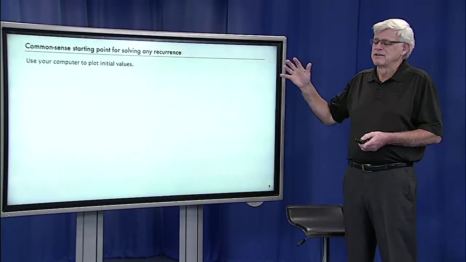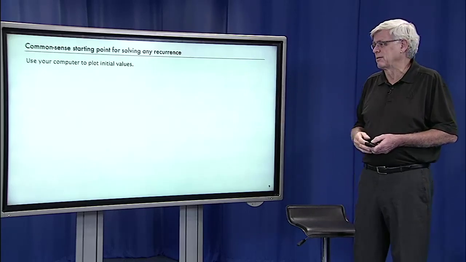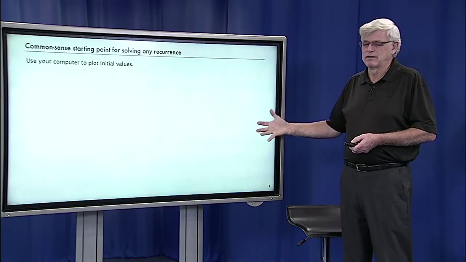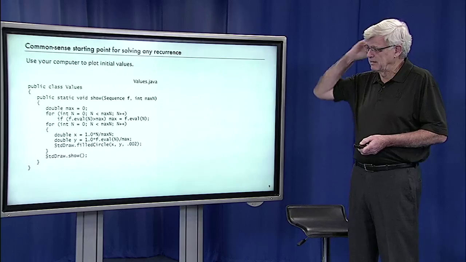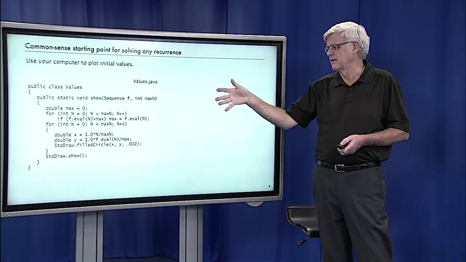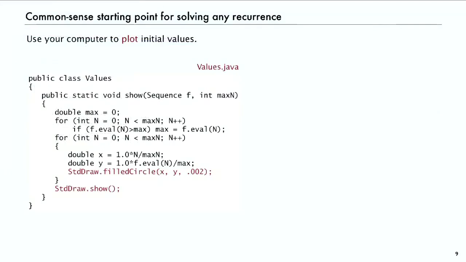But actually, often what we want to do, and I'll have plenty of examples, some examples in this lecture, is we just want to plot the initial values. We want to draw the curve to get some idea. So this code here uses our standard library for drawing things within a window on your computer to do the plot.